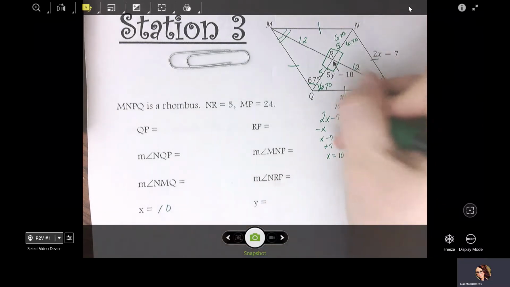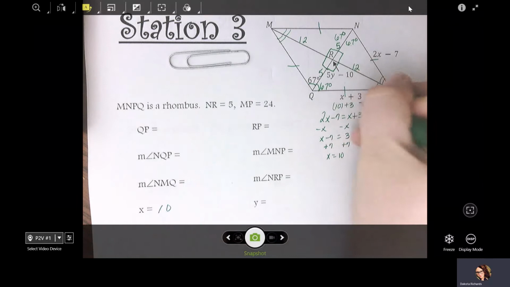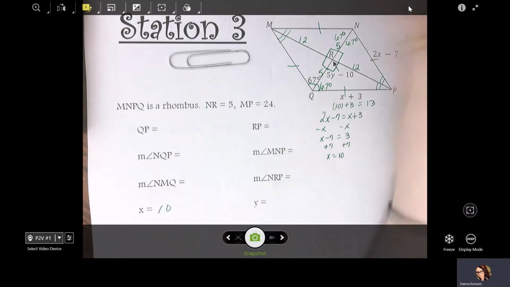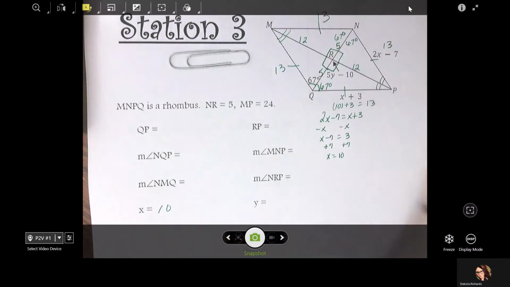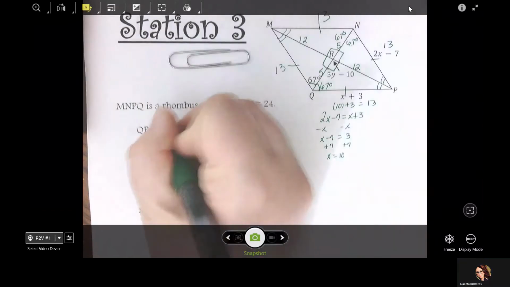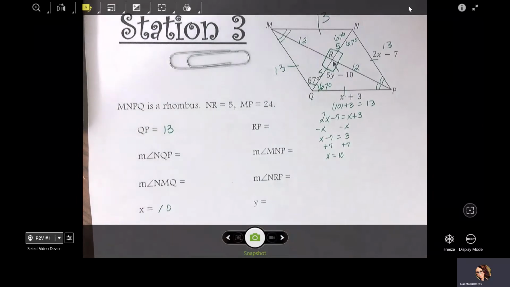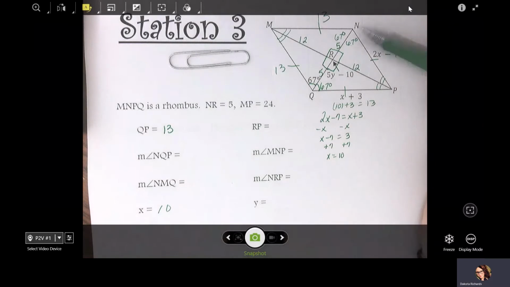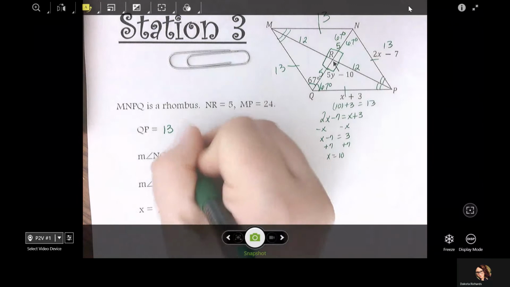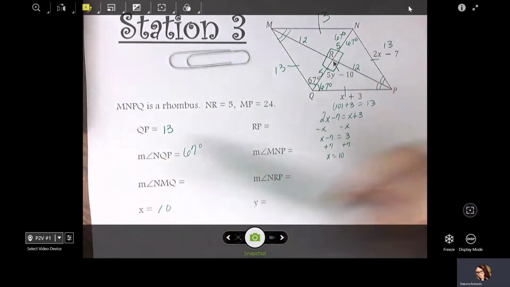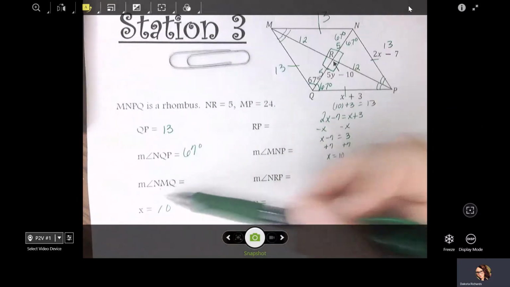And 10 plus 3 is just 13. So all of these sides are 13. So QP would be 13. Now it says find the measure of angle NQP. NQP is 67 degrees. Find the measure of angle NMO.